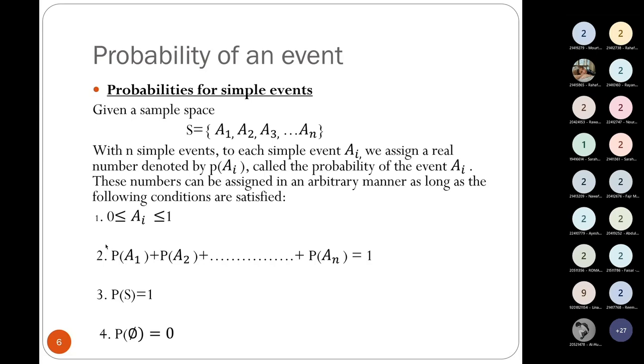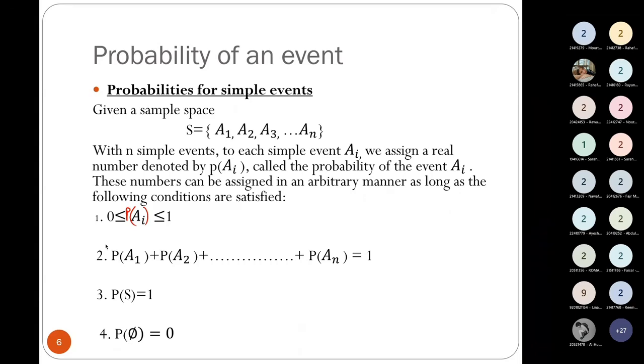So the probability, this is P, not B, P of A. The probability of any event A must be greater than or equal to 0 and less than or equal to 1. The probability is not negative and not greater than 1.